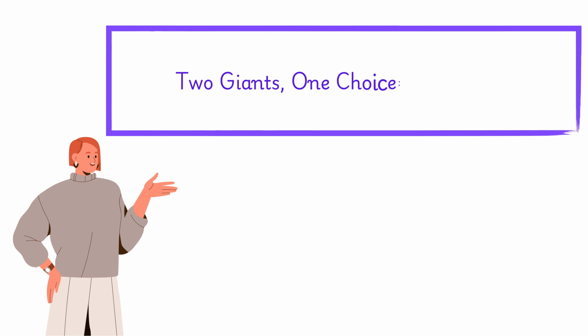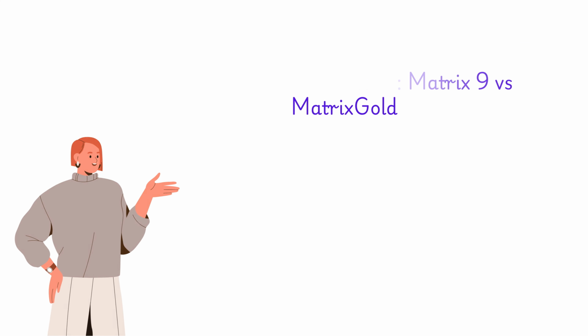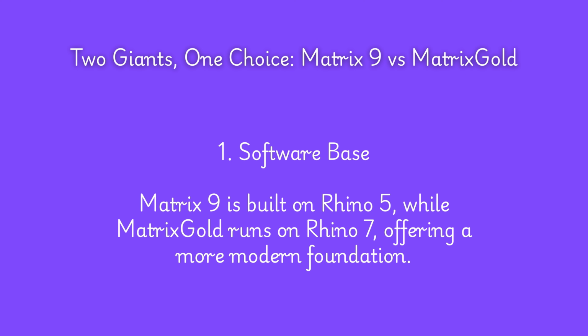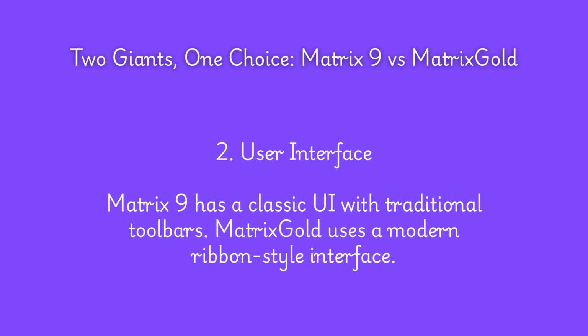Two giants, one choice, Matrix 9 versus MatrixGold. 1. Software base. Matrix 9 is built on Rhino 5, while MatrixGold runs on Rhino 7, offering a more modern foundation. 2.